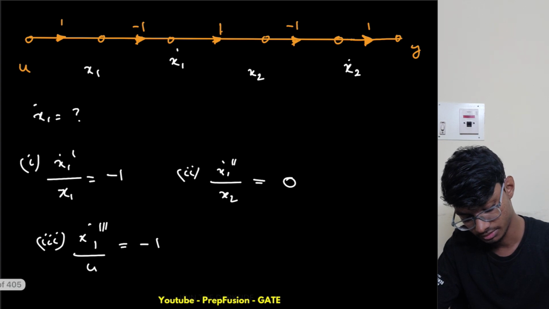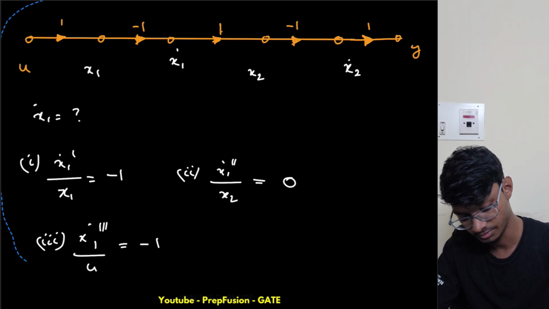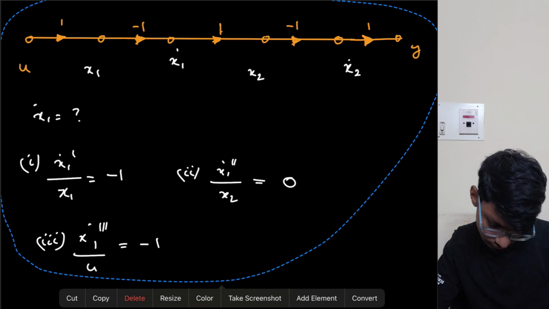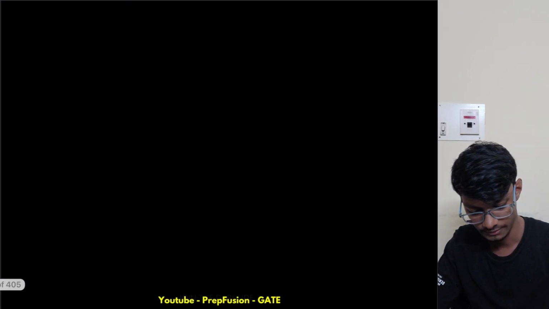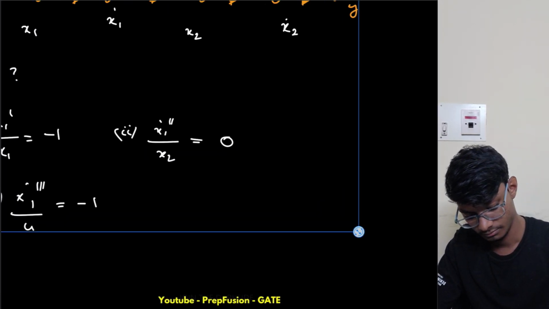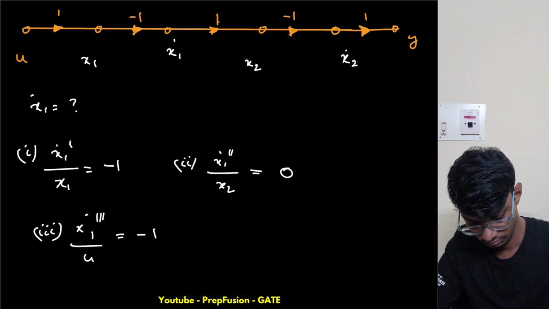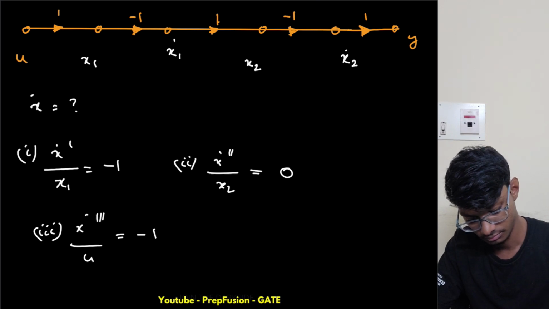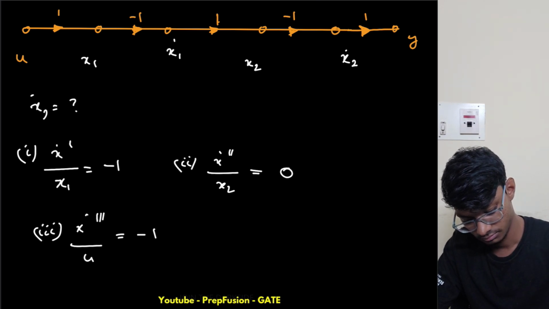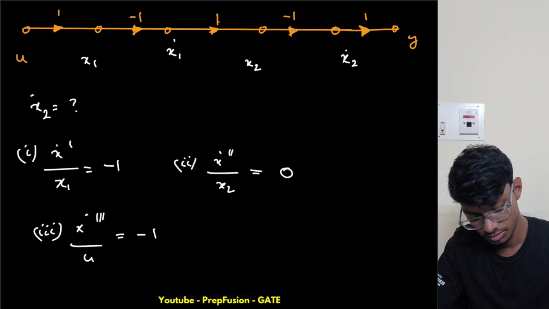Now what will be my x2 dot? Let me copy the same thing and just replace a few things. Let me take a new page. So now x2.